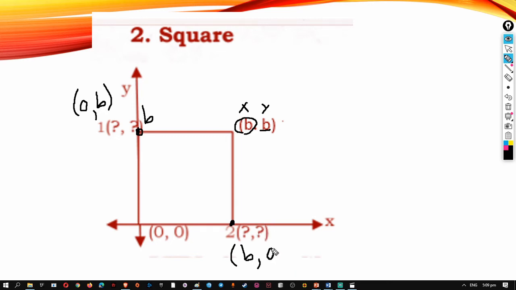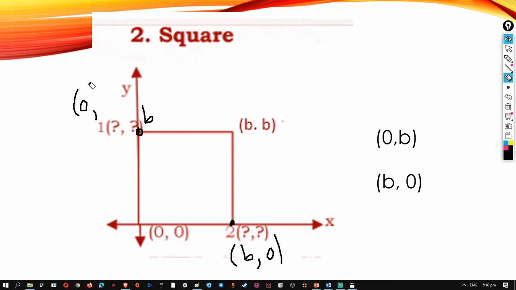Pag walang y, it's 0. So, the answer is b, 0, that's number 2. And 0, b, that's number 1. Burahin na natin.